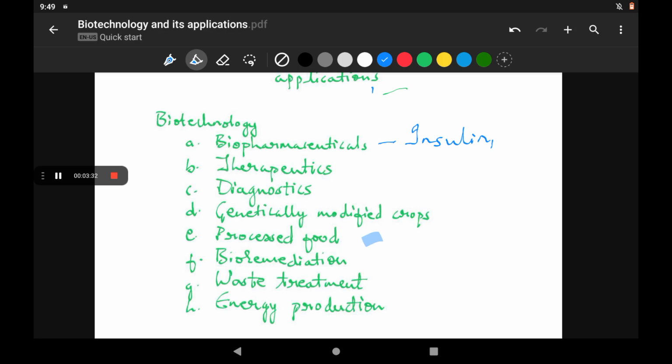Then the concepts of biotechnology can also be utilized for energy production, utilizing genetically modified organisms. It can also be utilized for the production or enhancing of starch fuels like ethanol. Today, there is talk about ethanol being mixed with fuels for more efficiency and lesser cost of fuel.